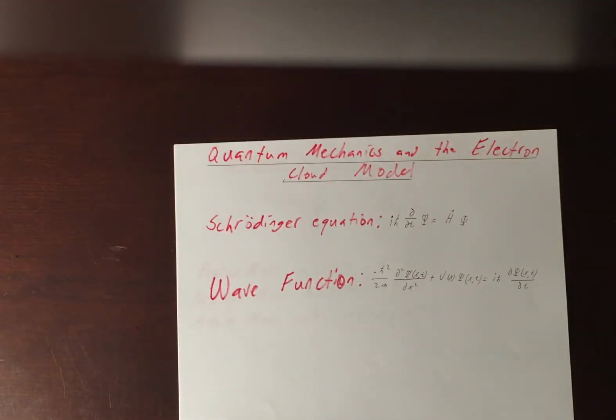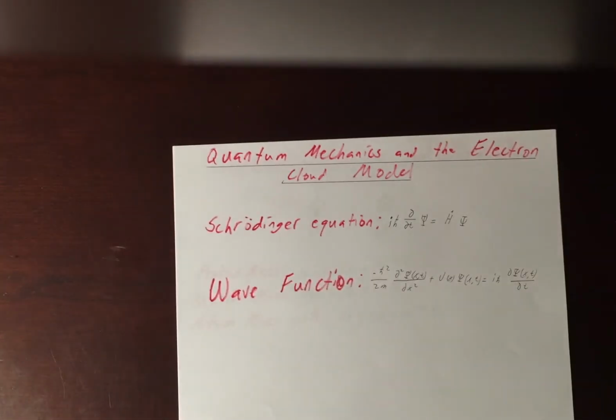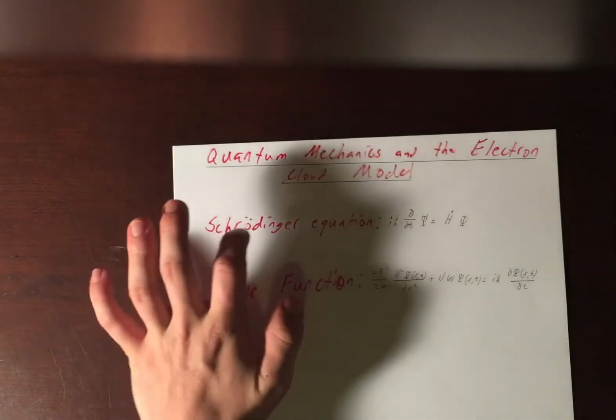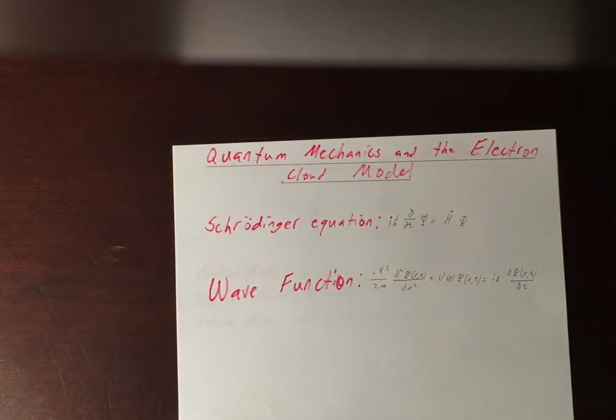Next, we have quantum mechanics and the electron cloud model. The Bohr model is limited to hydrogen and hydrogen-like atoms. Erwin Schrödinger developed a new mechanics for atoms and called it wave mechanics, later quantum mechanics. The position of an electron was found by use of the wave function, shown here. The Schrödinger equation, shown here, was created using time-dependent motion in classical physics.